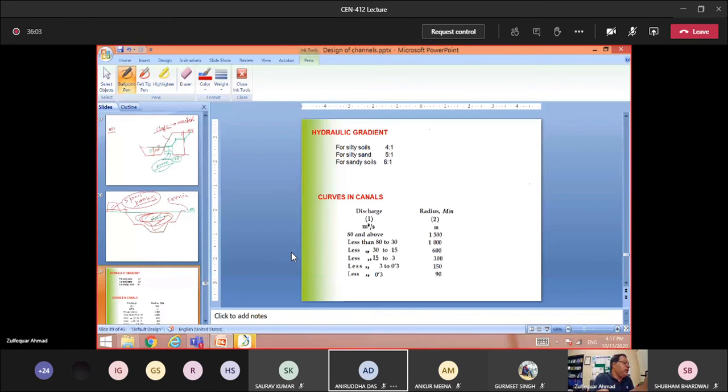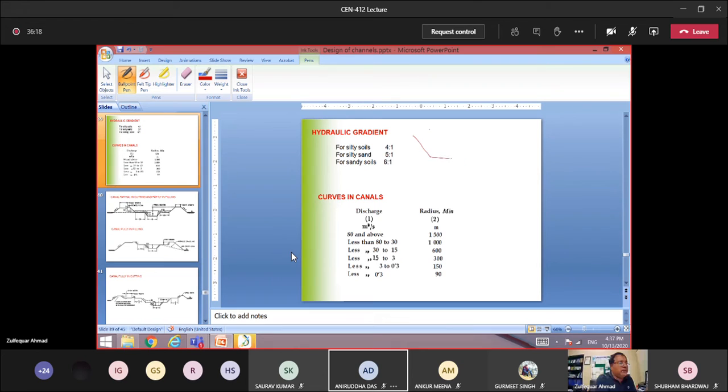Let me use a different color and draw a canal here itself. The canal is here, and you see the bank, and here is the NSL.